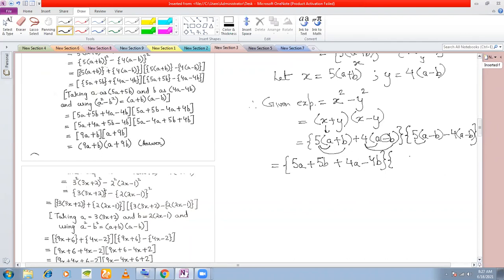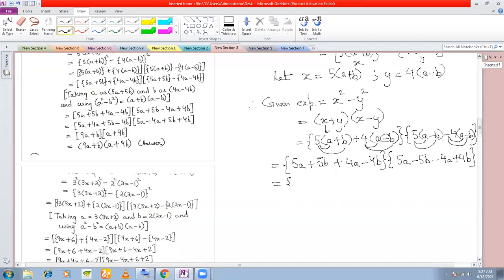Again here 5a and then minus 5b. Now minus 4 into plus a will give you a minus 4a, and minus into minus will combine to give you a plus 4b.